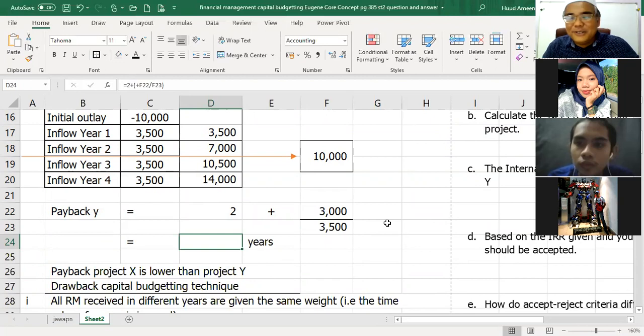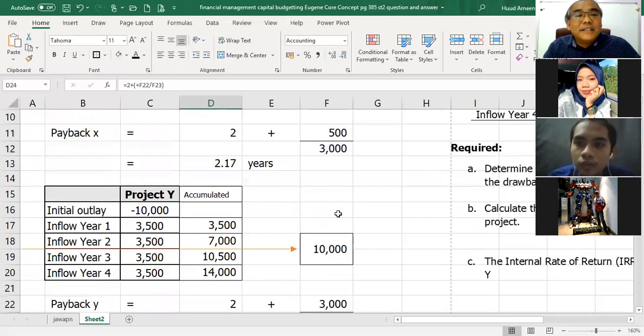Which student is faster, then I will give the gift. All right. So I am faster than you, 2.86 years, right? So in project X and project Y, you choose the lower years. Why do you choose the lower years?